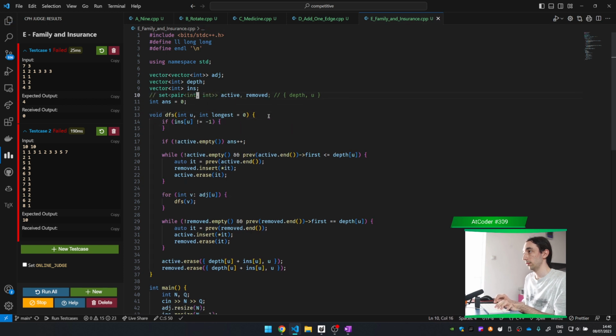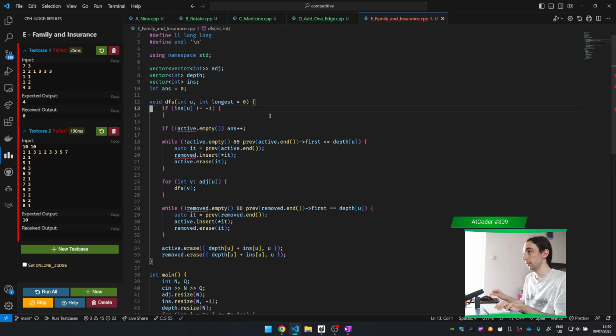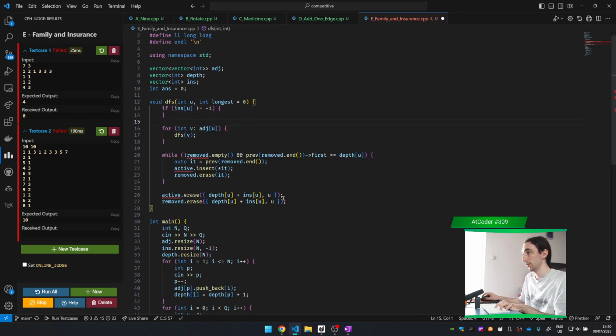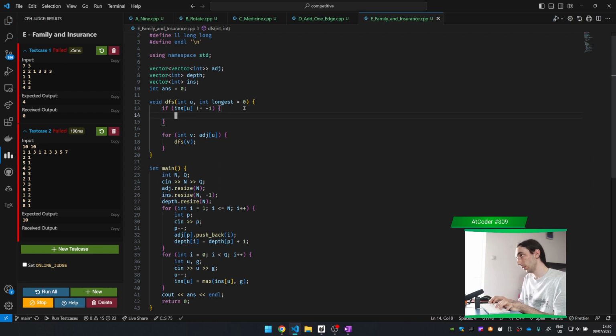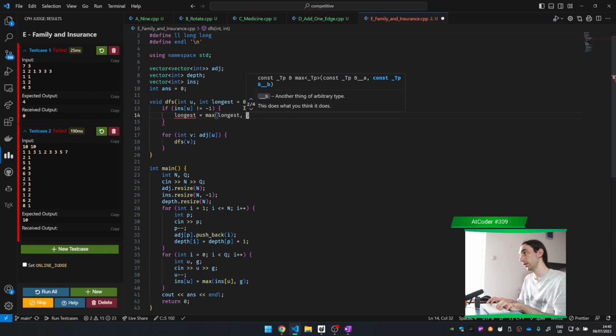So I don't think I actually need these sets. I will say longest is max of longest and depth at u plus the insert at u.